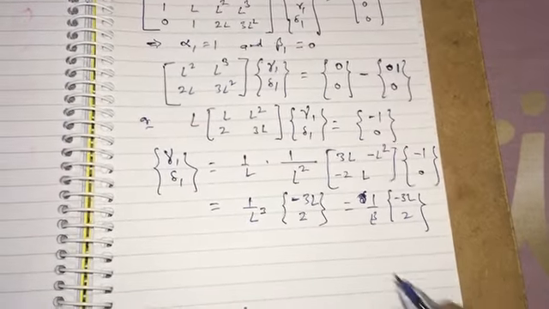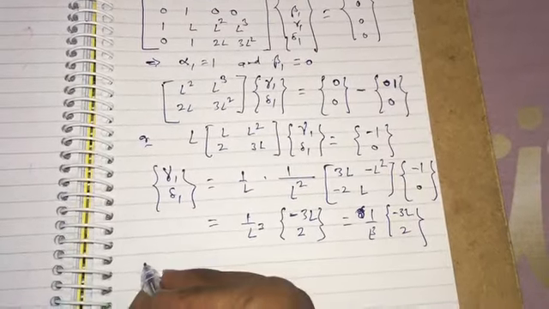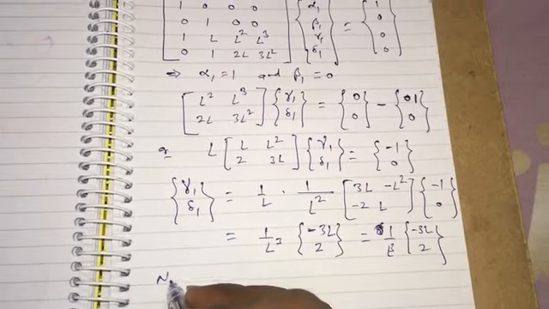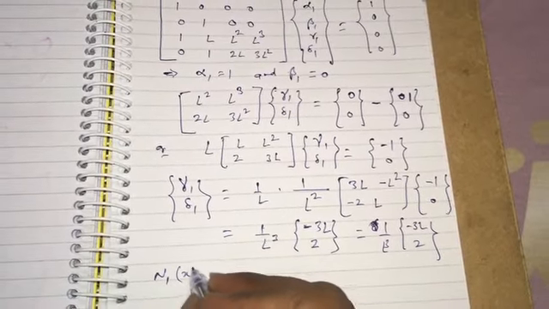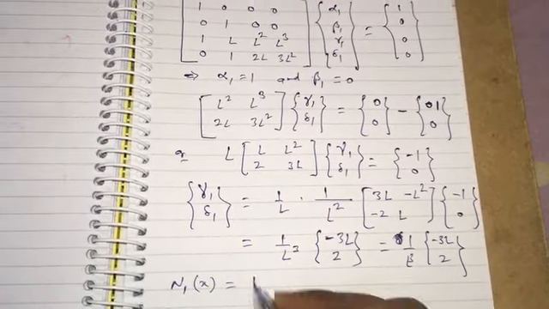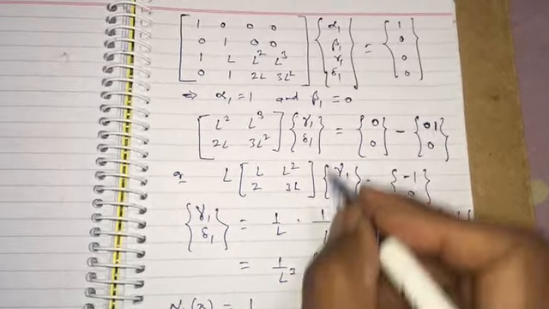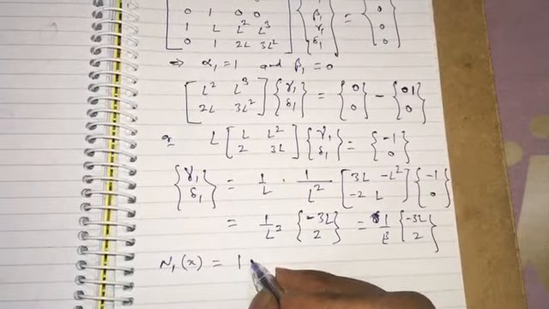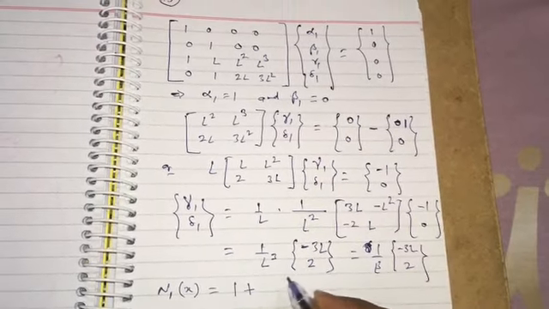That really means we now know N1. We can write N1(x) equal to alpha 1, which is 1, plus beta 1, which is 0, so we write nothing there.